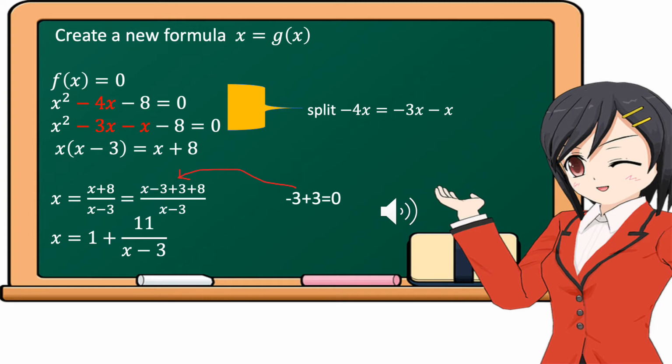How do we create a new formula x equal to g of x from the equation given? First, we let f of x equal to 0, meaning the function in the form x squared minus 4x minus x equal to 0. Next, we rearrange the equation until we get the answer in the form x equal to 1 plus 11 over x minus 3.